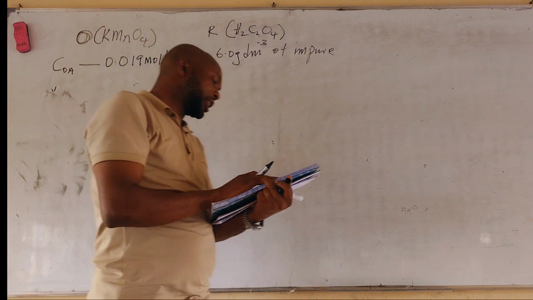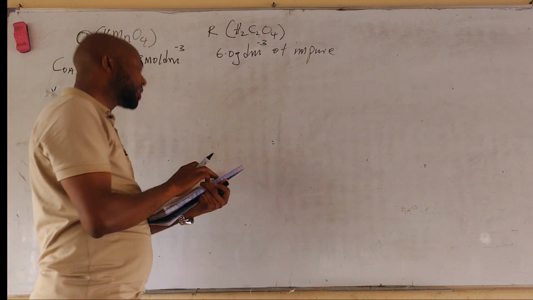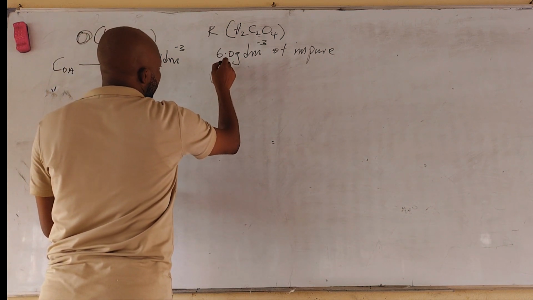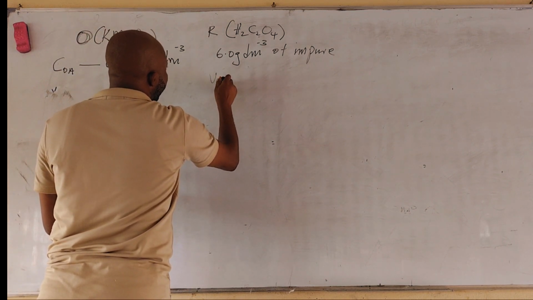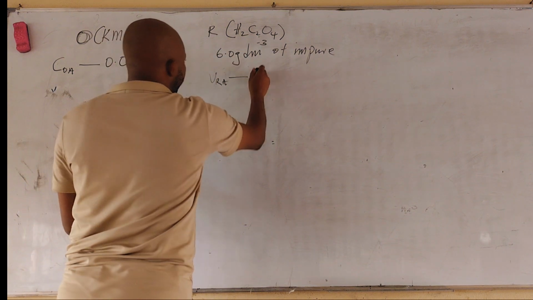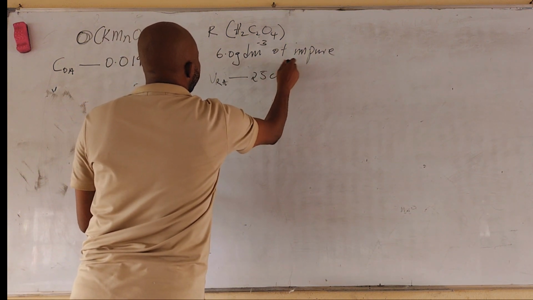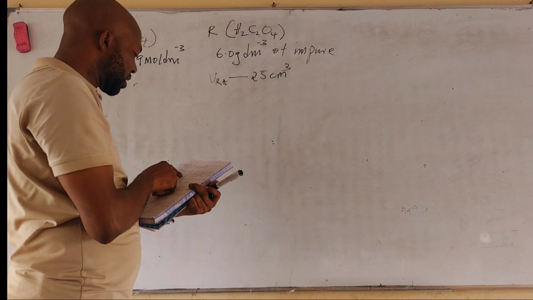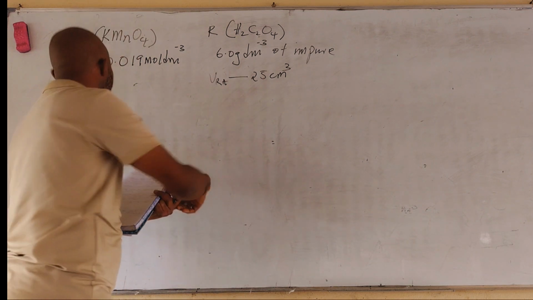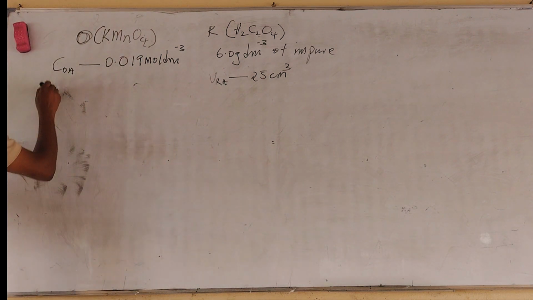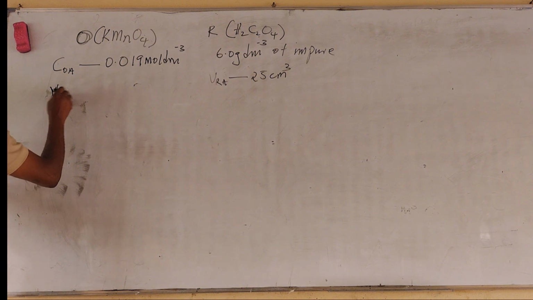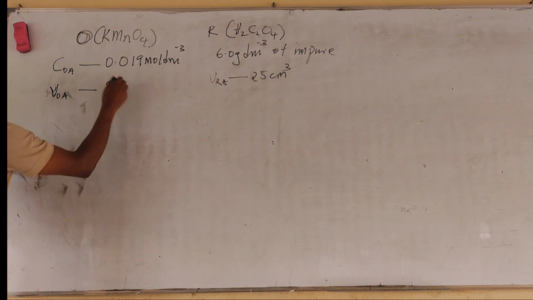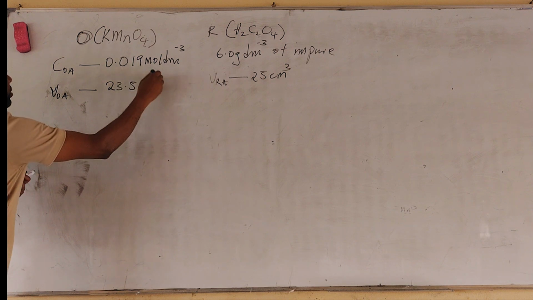Of impure ethanedioic acid, 25 of ethanedioic acid, which is the volume of the reducing agent, is 25 cm³, reacts with 23.5 of KMnO4. The volume of the oxidizing agent is 23.5 cm³.